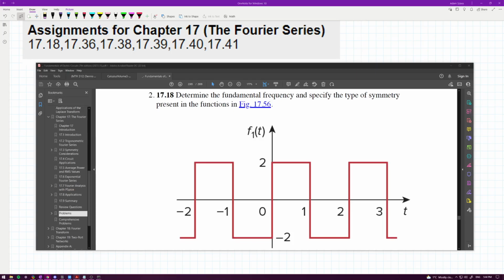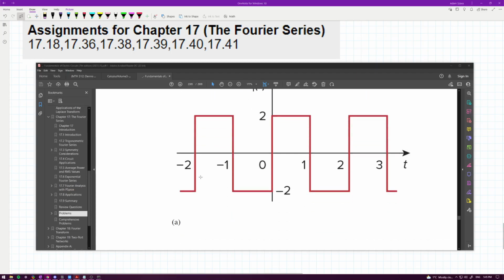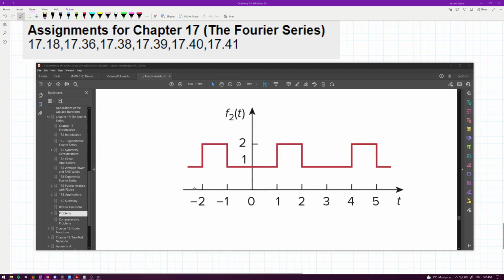By the way, Bala said that in these types of questions, let's say your graph is not centered around the x-axis, like it's above the x-axis, then you have to get rid of the DC part.